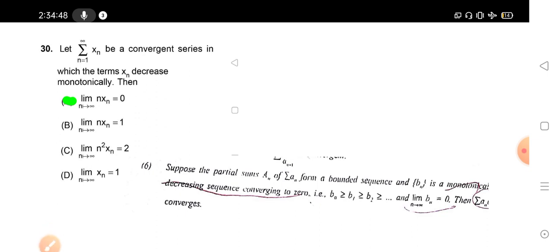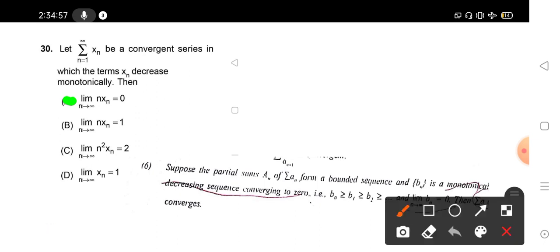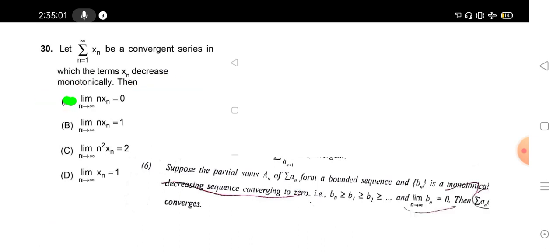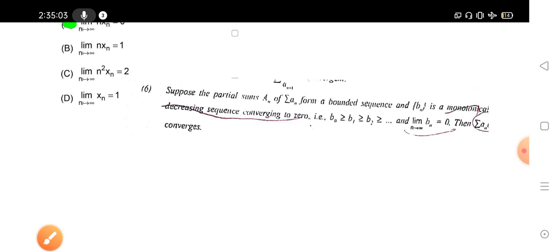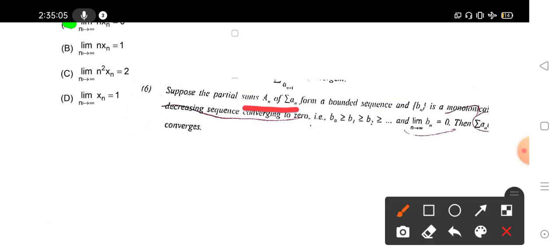Let the sum over n from 1 to infinity of xn be a convergent series in which the terms xn decrease monotonically. Then the limit as n tends to infinity of n xn equals 0. This is from a standard result. Suppose the partial sums An of the sum of an form a bounded sequence and bn is a monotonically decreasing sequence converging to 0.